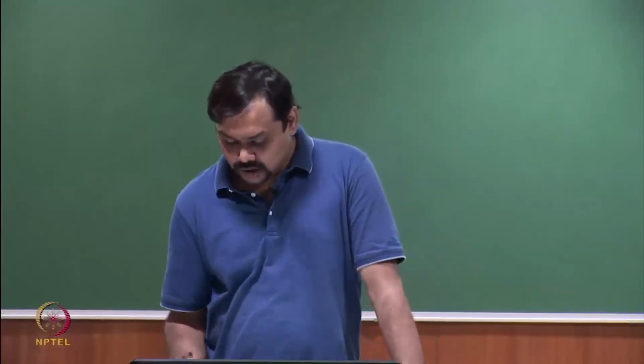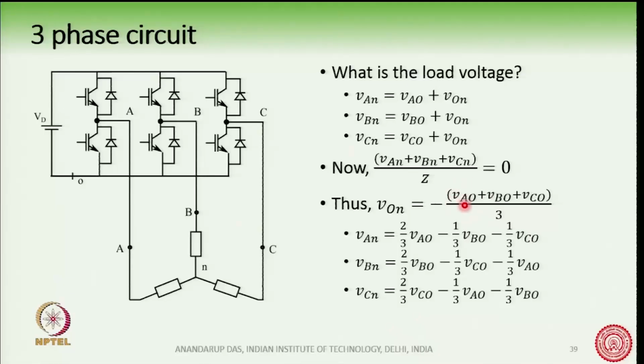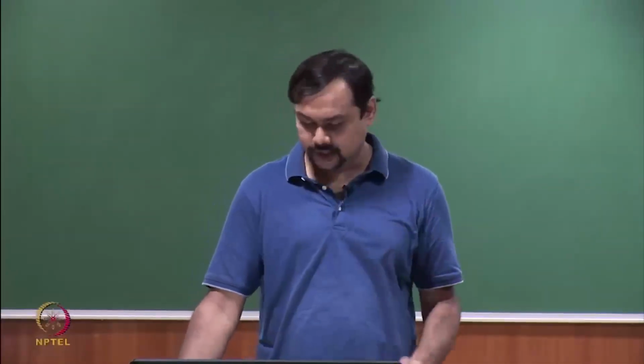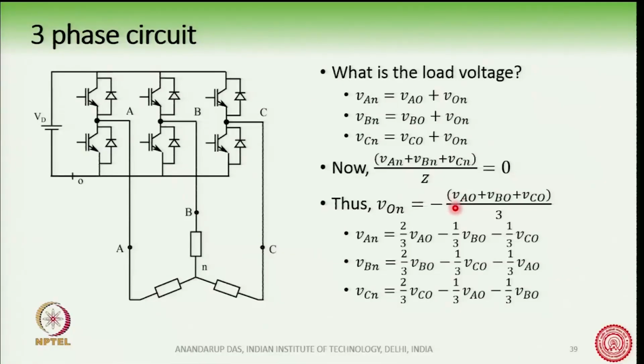And why is it so? Because you see the VAO, VBO and VCO can take only two values. VAO can take values 0 and VD, VBO 0 and VD, and VCO 0 and VD. So, out of these three, one will always be VD.